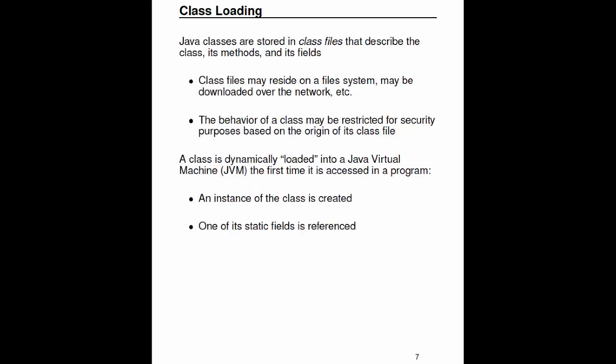Yeah, it's like, hey, I'm running the platform, I'm going to trust it. But code that comes from Dave, for instance, well, okay, I'll let it do some computation, I'll let it print out some output to standard out, but no, I'm not going to let that code read from my home directory or write to my home directory, for instance. And all of this enforcement happens because of the class loading mechanism.